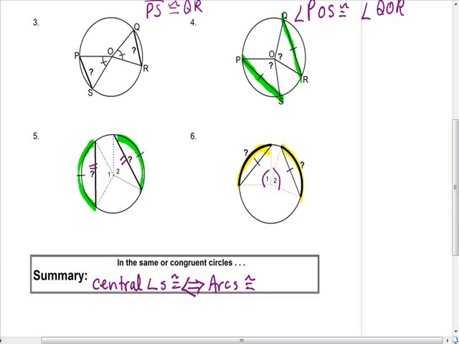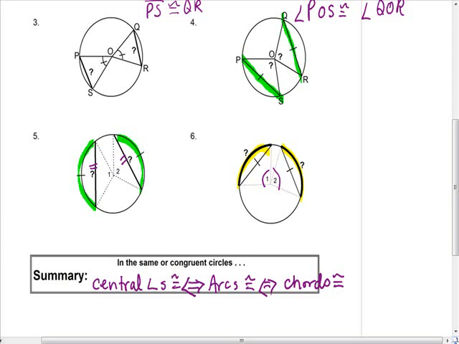And if you have arcs congruent, that leads to chords congruent. But if you have chords congruent, it leads to arcs congruent. Chords also leads to angles. All three of these are interchangeable. Central angles goes to chords, chords goes to central angles. Yes. All right, turn the page.